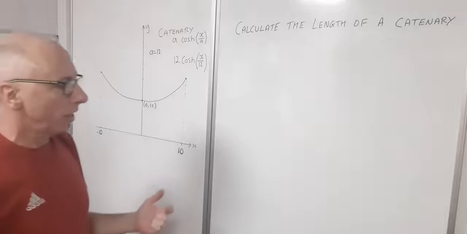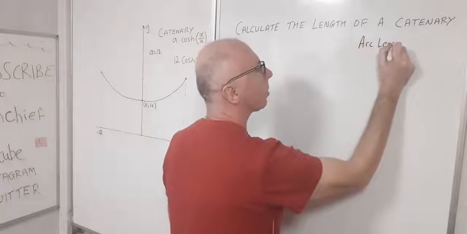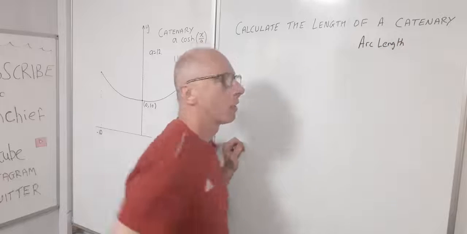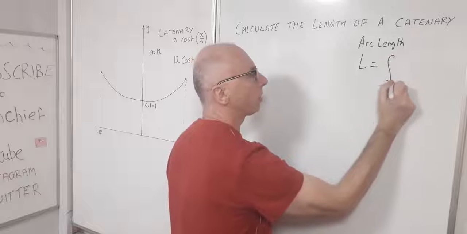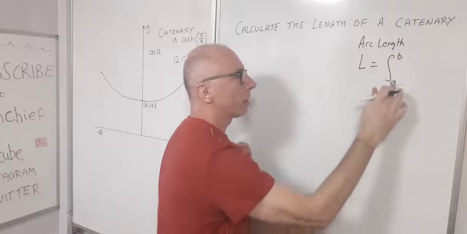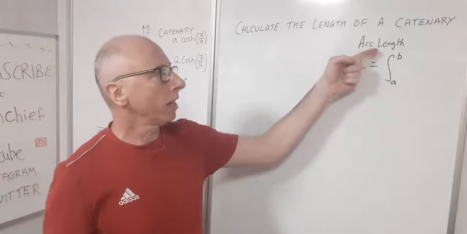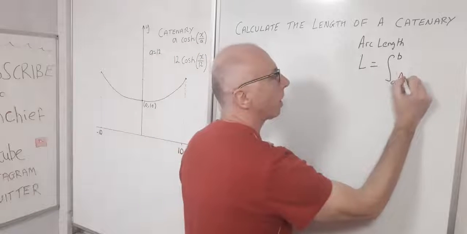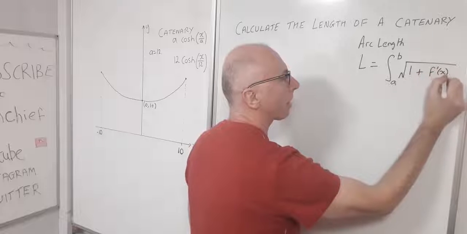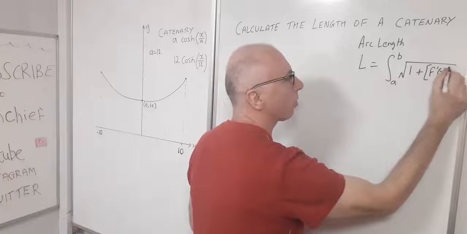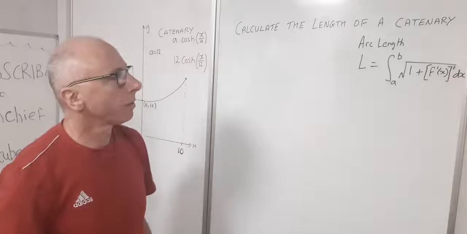Right, okay, well an arc length is calculated using integration. So if I use a variable L equals the integral from A to B, so that's the two points where the poles suspending the catenary are, of the square root of 1 plus f prime of x, all squared, and then integrated with regards to x.